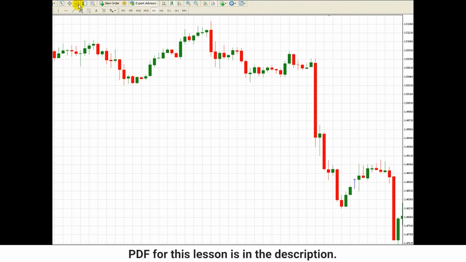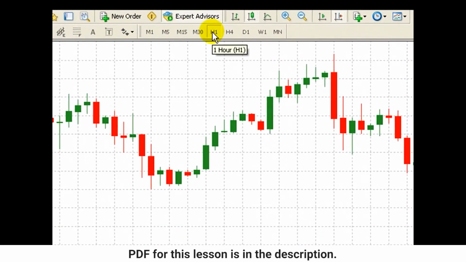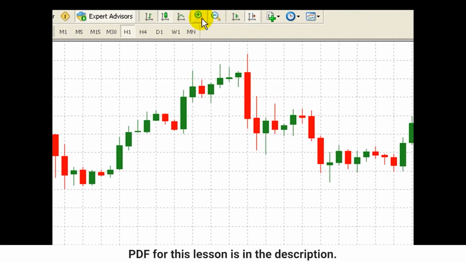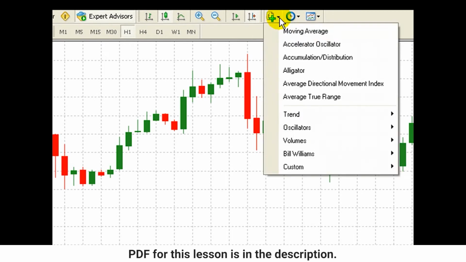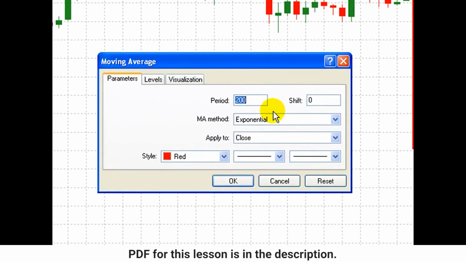As you can see, we have all these buttons here, and we also have all the time frames here. We are on the hourly time frame. To add a moving average, we click on the indicators button and click on moving average, and we simply select which moving averages we want to see. The first one we will start with is 10, so the period is 10.